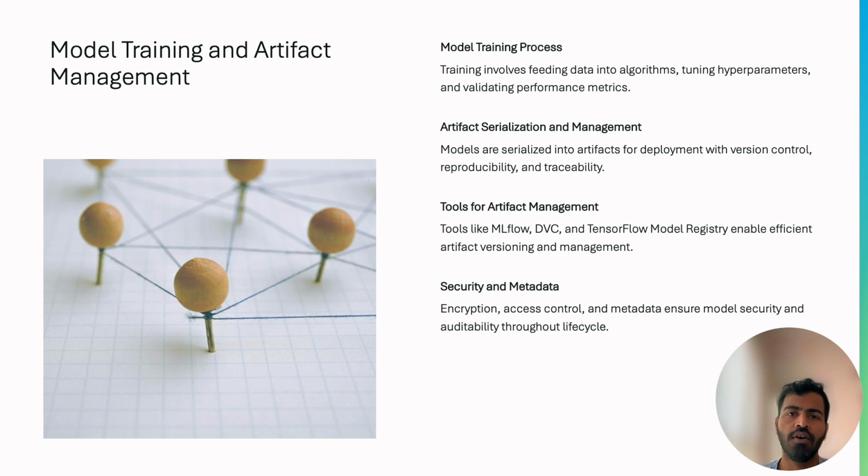Training can occur on local machines or distributed clusters, depending upon data size and complexity. Once a model achieves satisfactory performance, it is serialized into an artifact for deployment. So, a trained model becomes a model artifact. It is a file or package. This is what gets deployed. So the key line is: you deploy artifacts, not notebooks.